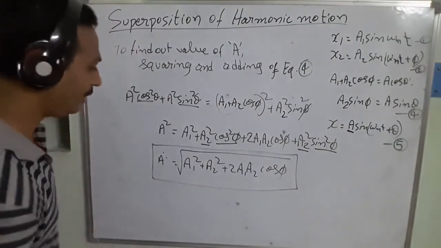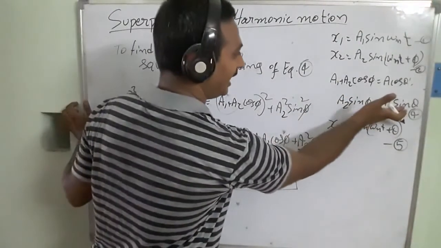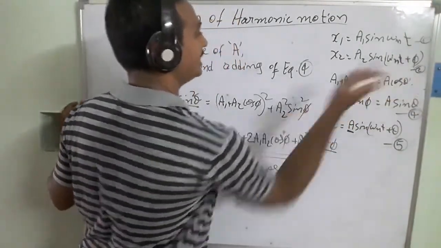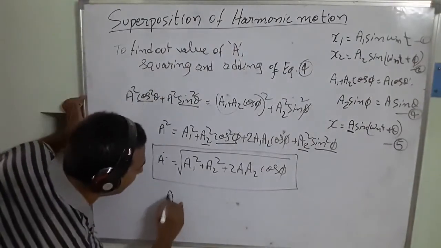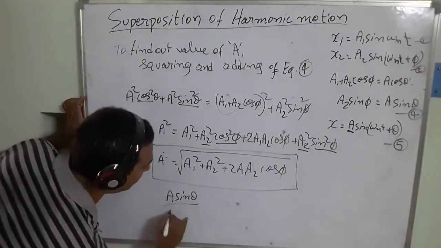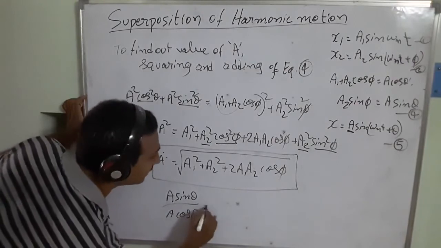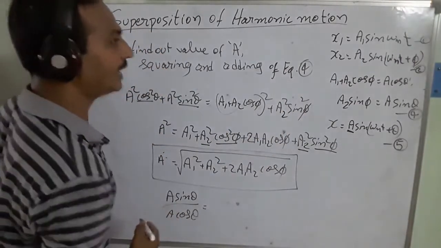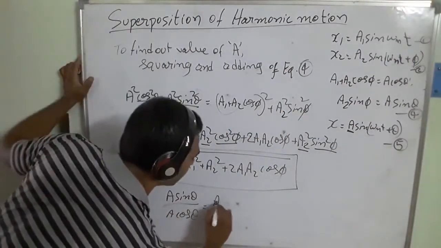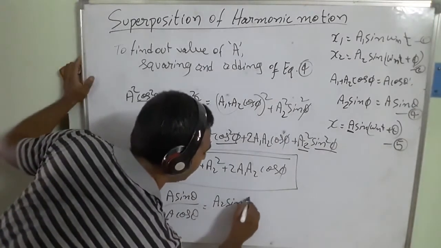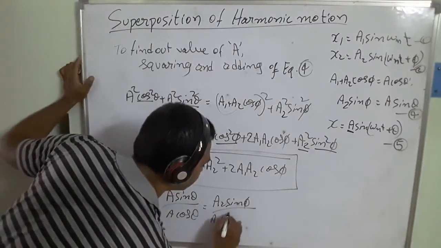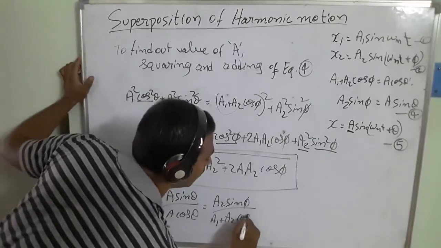I am going to divide this equation A sin theta by this equation, A sin theta by A cos theta, which is equal to A2 sin φ by A1 plus A2 cos φ.